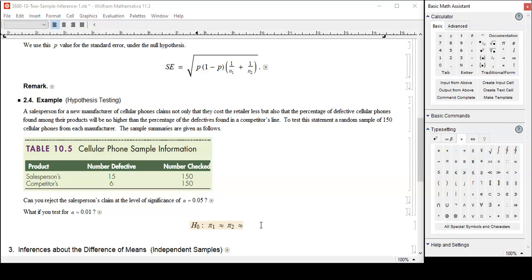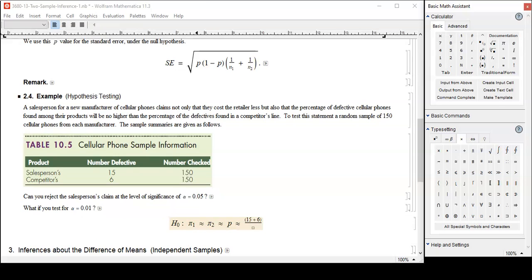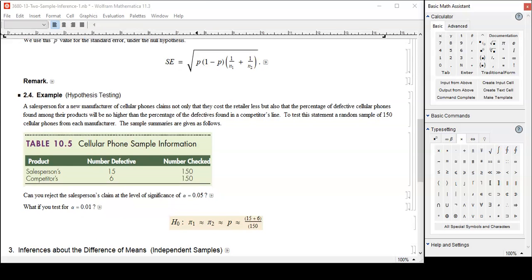So what we're looking for is the best point estimate of this pi 1 or pi 2 value. So that's P, and that's measured by 15 plus 6 over 150 plus 150.